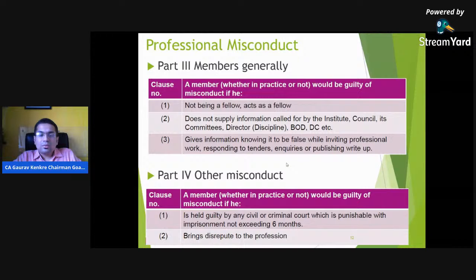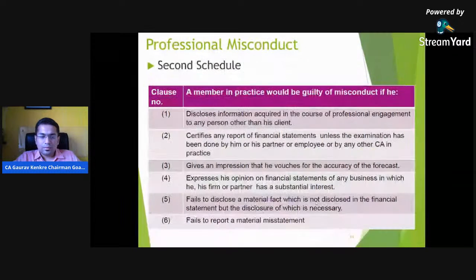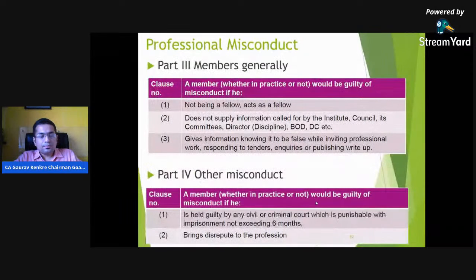If you give false information while inviting professional work or responding to tender inquiries, so if you give any kind of misrepresentation to any prospective client just to secure work, obviously it will be a professional misconduct. Other misconduct is, of course, being held guilty of civil or criminal imprisonment.